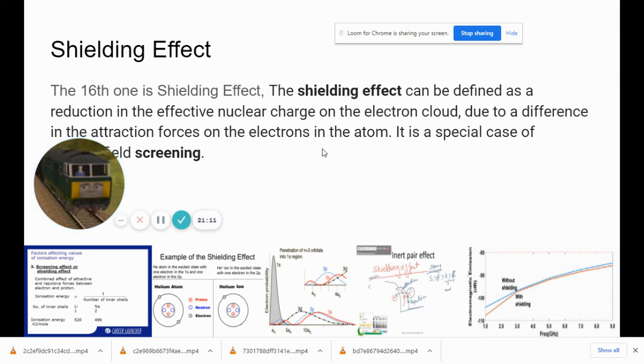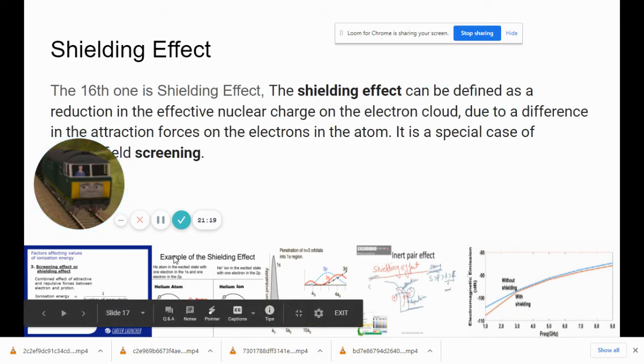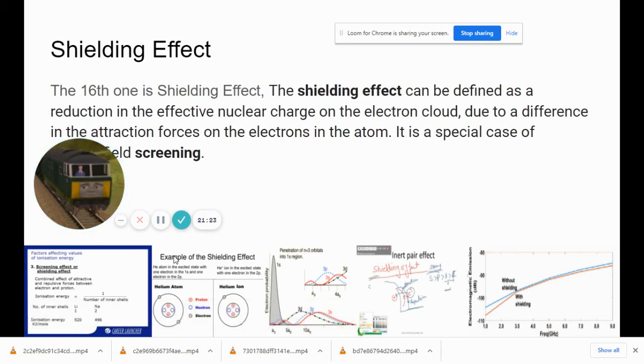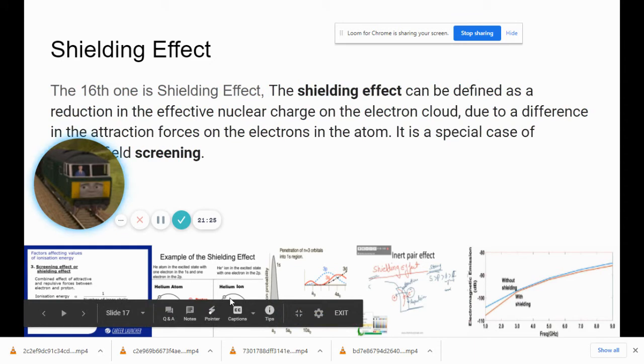Or the He ion in the excited state with one electron in the 2p. This is helium. Sorry, the helium atom and the helium ion, which is only one proton.